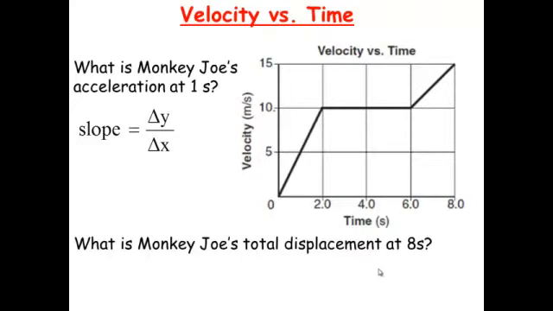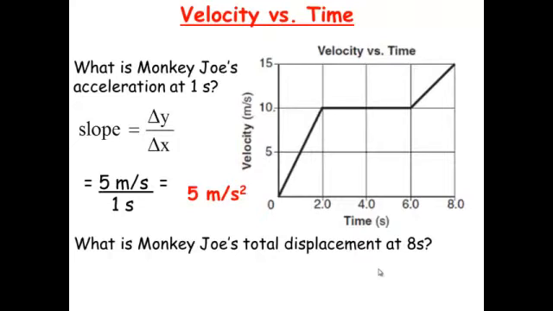If I look at that first line segment, and I use the point 0, 0, I could say, well, 5 meters per second took place in a time of 1 second. 5 meters per second divided by 1 second means my acceleration is 5 meters per second squared. Every second, my velocity changes by 5 meters per second.